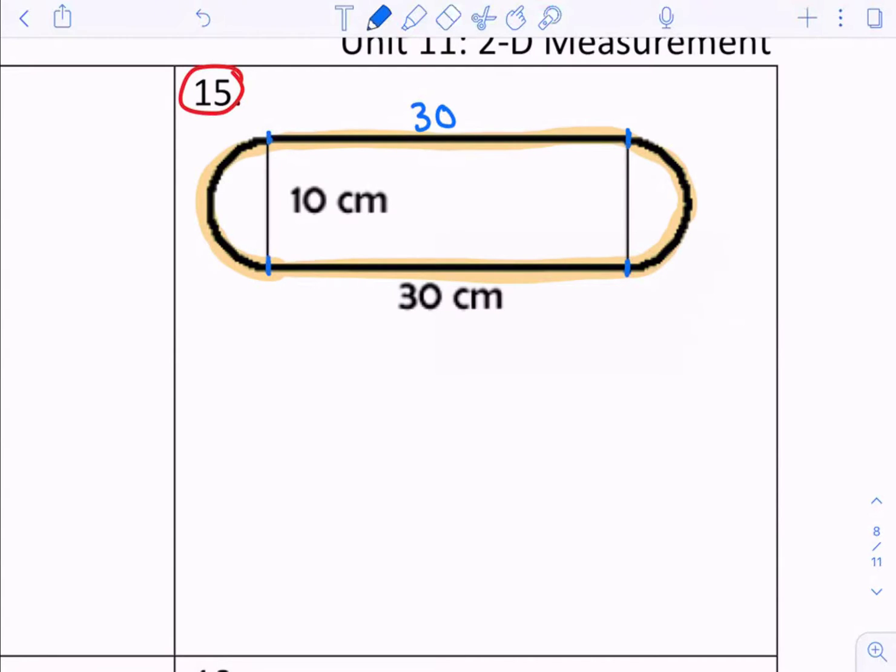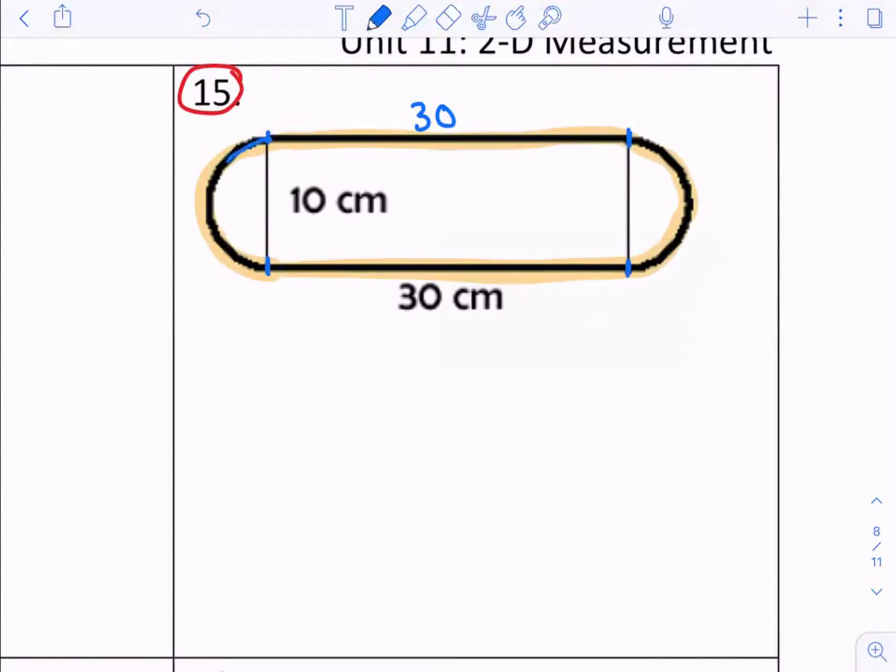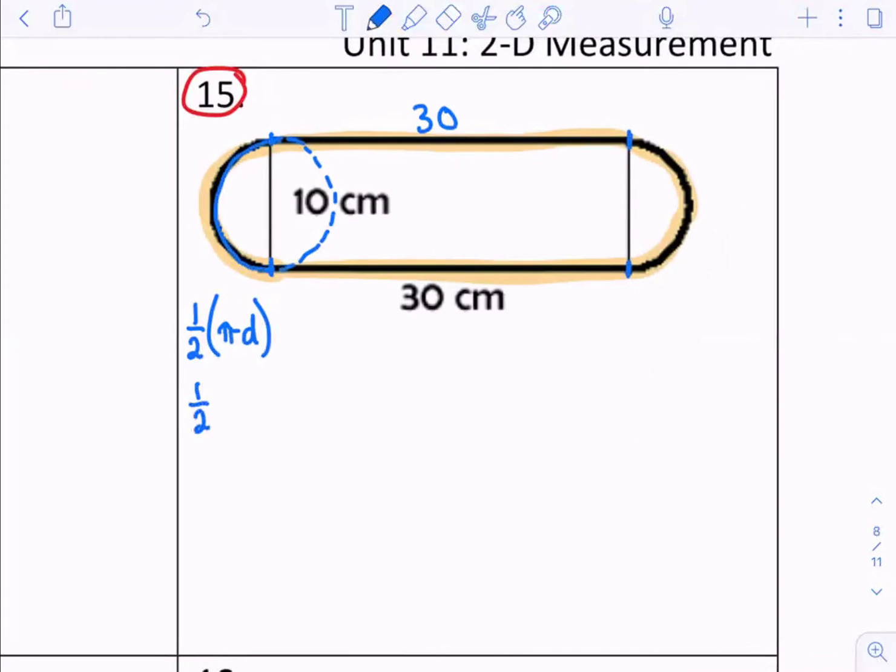Now here, this piece right here is half of a circle. So it's half of pi times diameter. Now, do we know the diameter if this was a full circle? Yes, we do. What does it say the diameter is? The diameter is 10. So it goes all the way across. Half of 10 pi is how much? 5 pi.